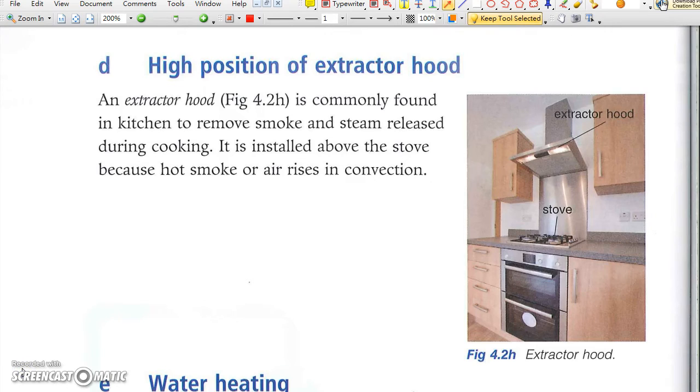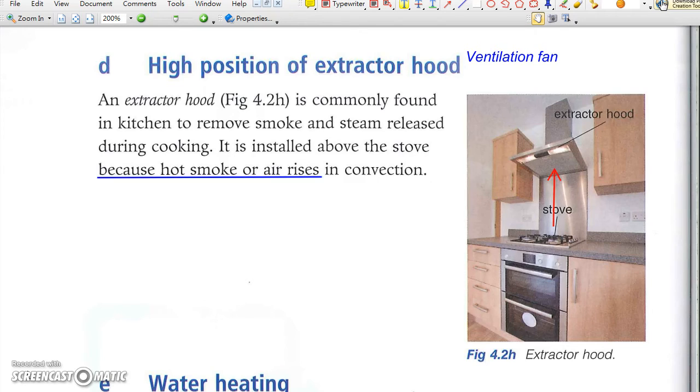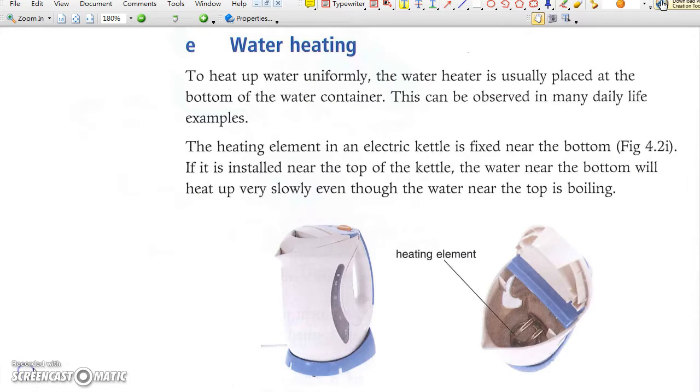D. The high position of the extractor hood. An extractor hood, or ventilation fan, is often high in position as hot smoke and steam rise during cooking. E. Water heating.